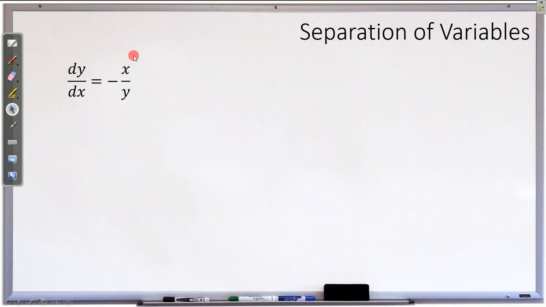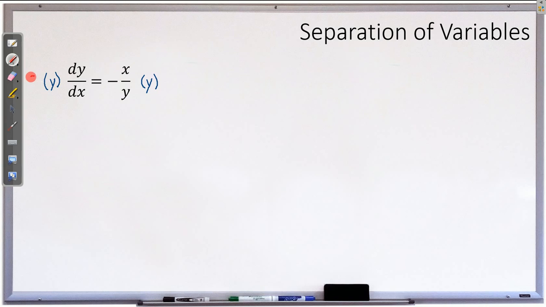So let's take our equation here that we had, negative x over y, and we're going to do exactly what the name says. We're going to separate the variables. We're going to put the y's on this side and the x's on that side. To do that, we are going to multiply both sides times y. But then I'm going to do this in one step.